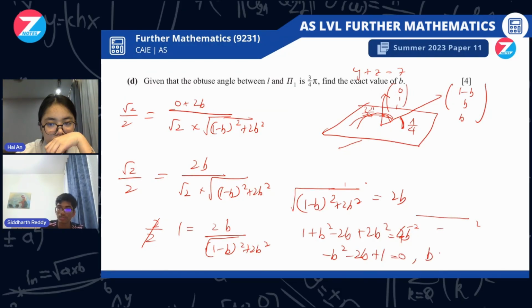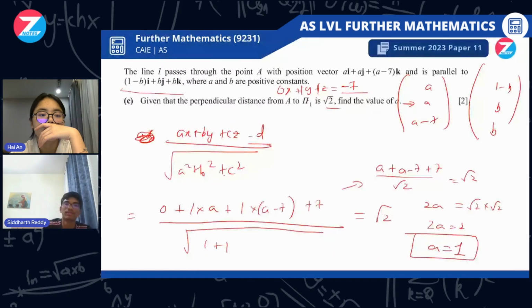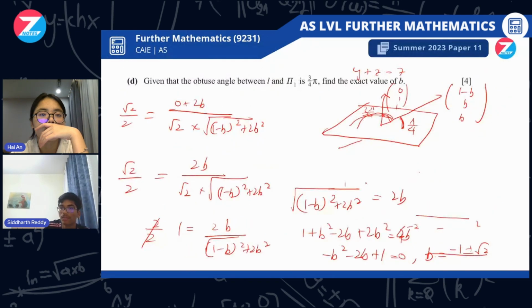The solutions for this are b is equal to minus 1 plus or minus root 2. But they asked us to find the exact value of b, and it's given here that a and b are positive constants. So that's why we have to take b is equal to minus 1 plus root 2 only. So that's the only solution.